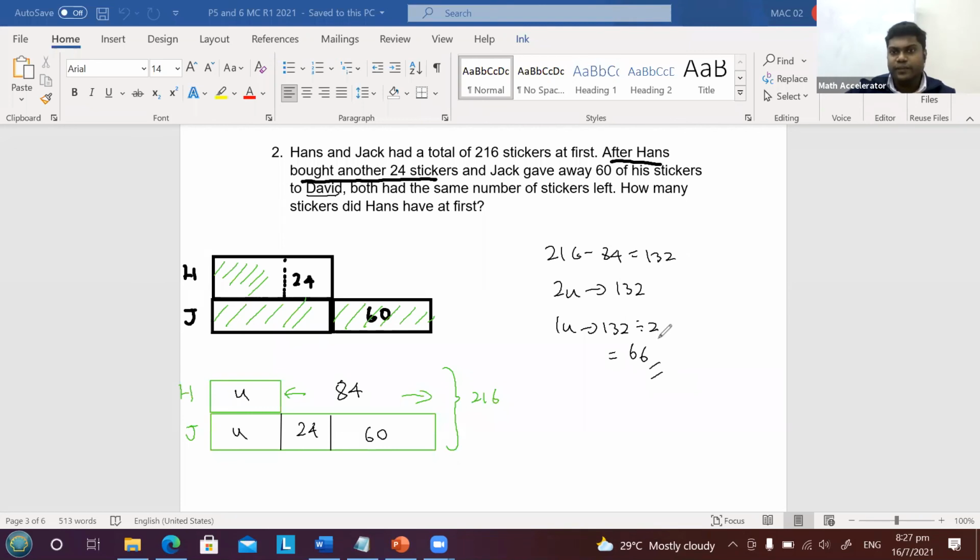Okay, clear so far? Yes, please draw the model that I'm drawing right now, okay? Before we go to the next question, this is the method that I would recommend. Now, does anybody have a different method to solve this question?